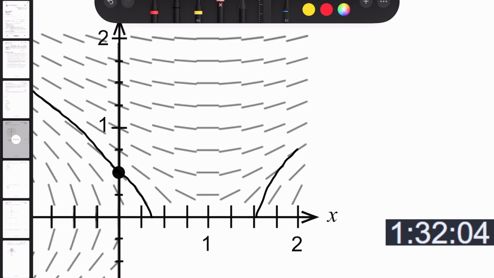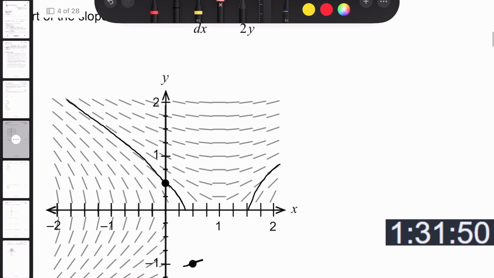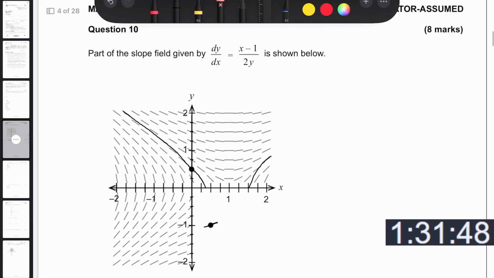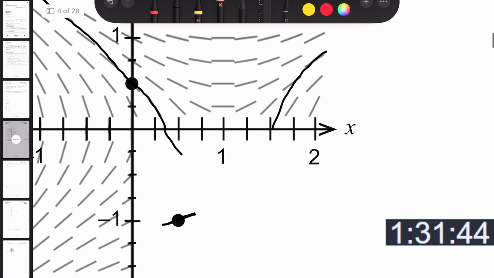And I go for that. Not sure. So I assume it'd be something like that.